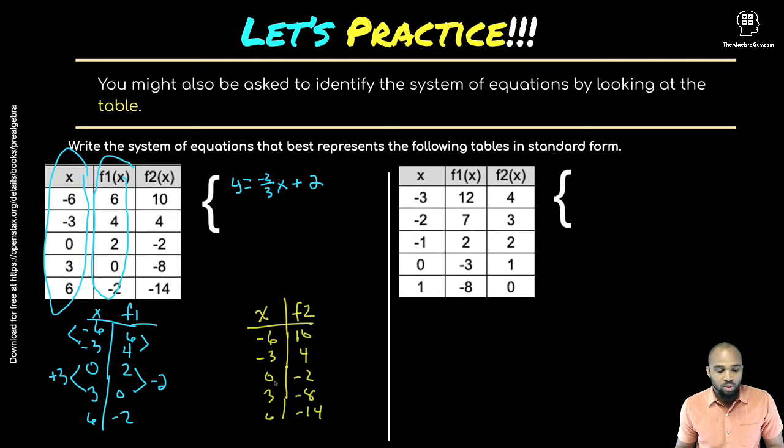So I'm going to pick any 2 points here to get my slope and to find the equation of this line. I'm going to choose maybe these two. It doesn't matter. They're going to give me the same answers. So 4 to -2, we're going down 6 here, and -3 to 0, we're going up 3. So -6 over 3 simplifies to -2. So y equals -2x. So I know what my slope is.